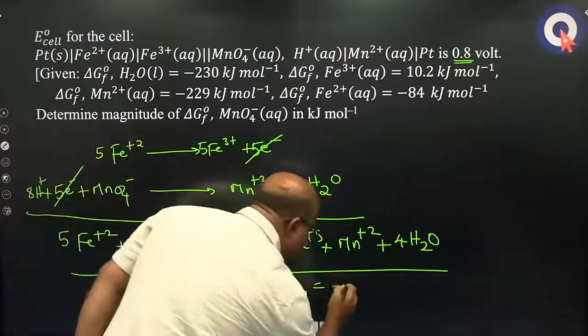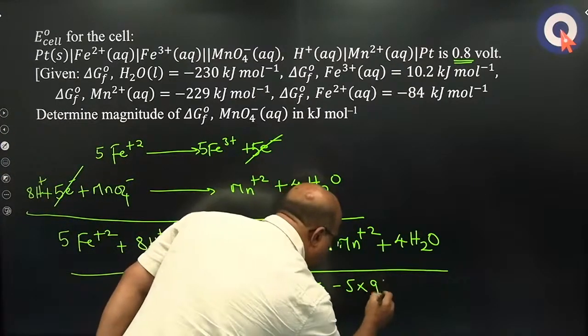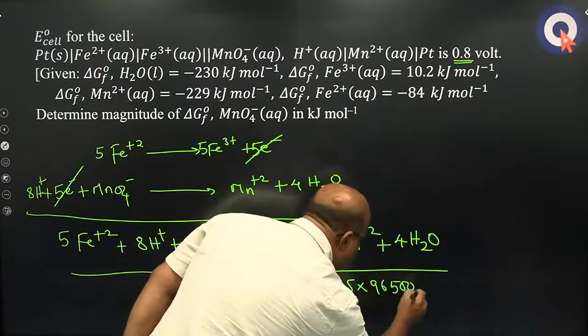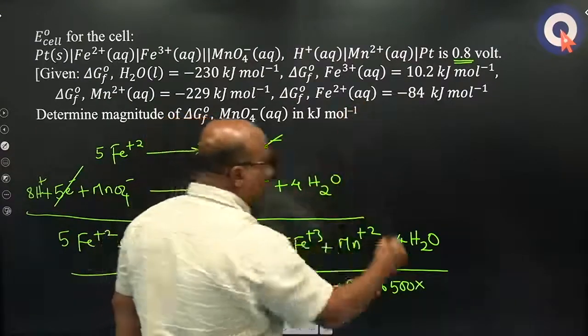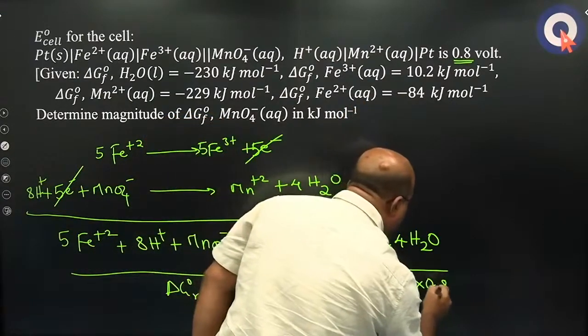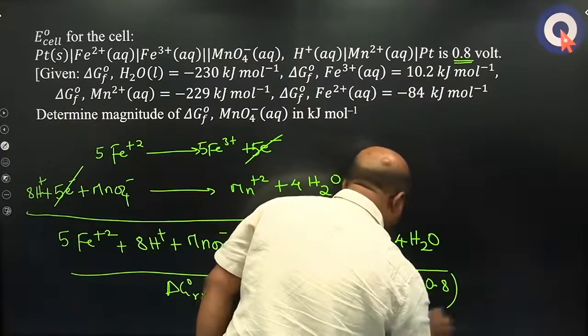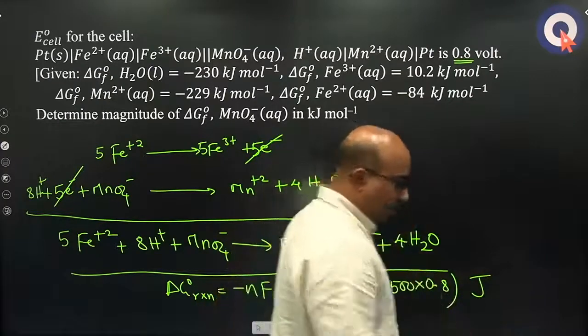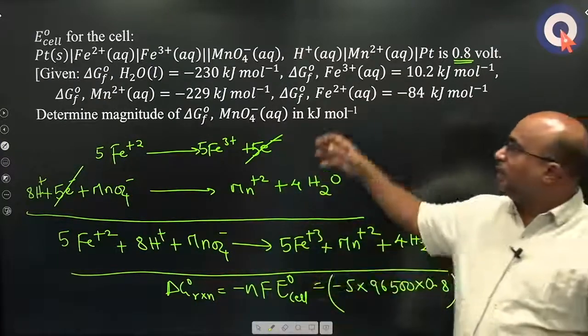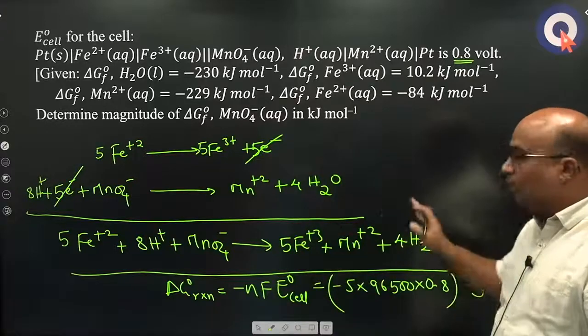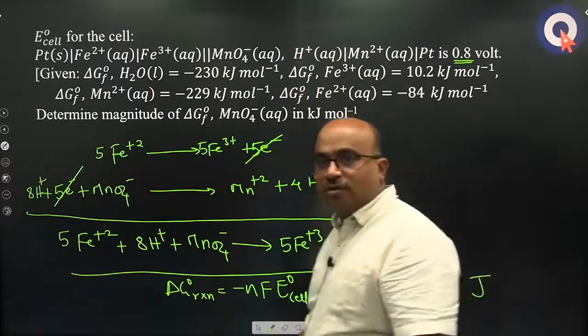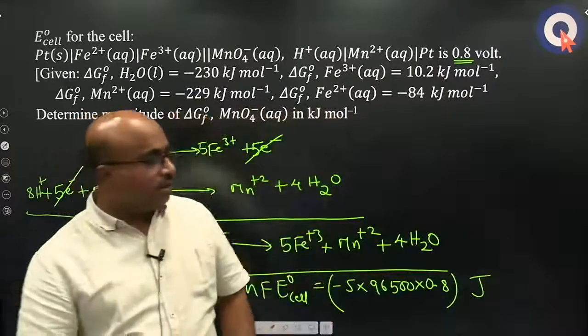So I take 5, then Faraday 96,500 coulombs into volts, that is 0.8. So you will get this in terms of joules. If all values are in kilojoules, you can convert this into kilojoules by dividing with 1000, that is okay.